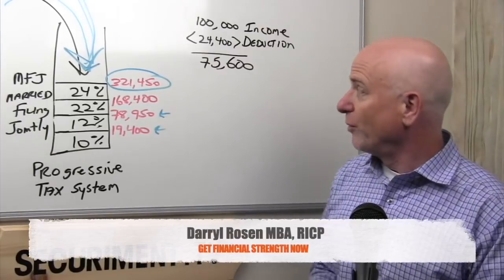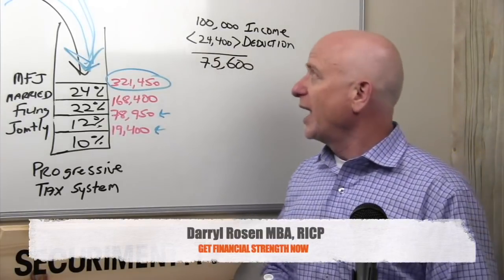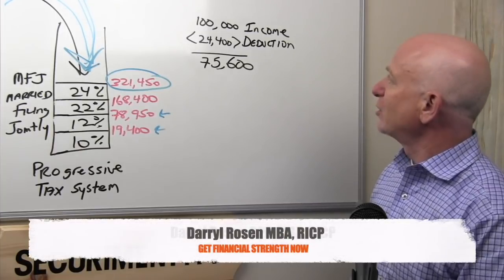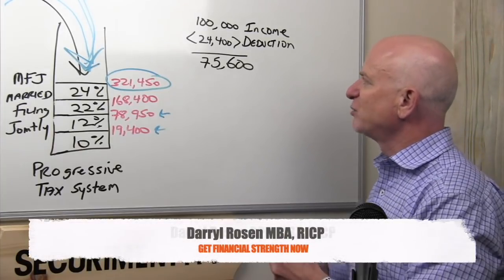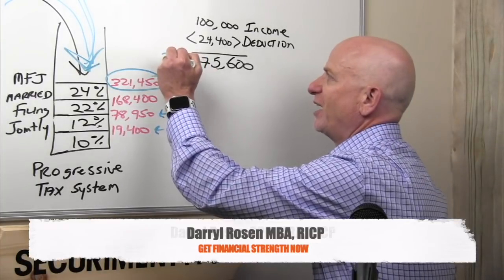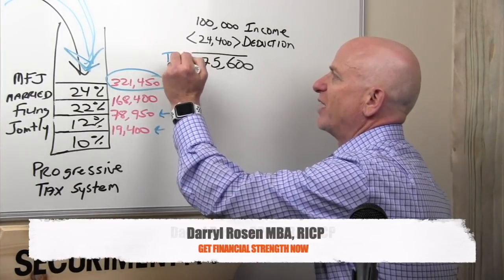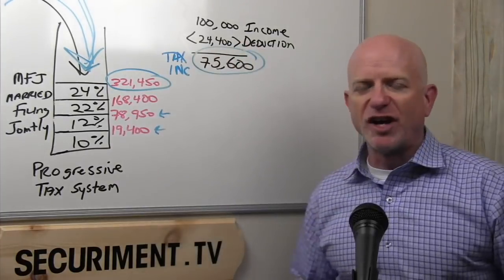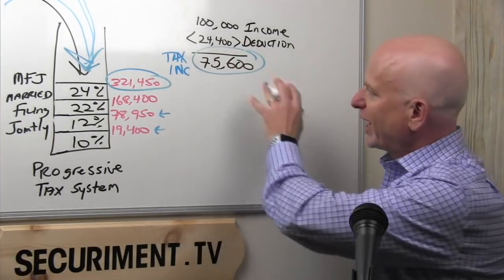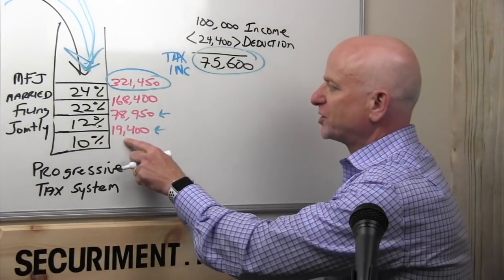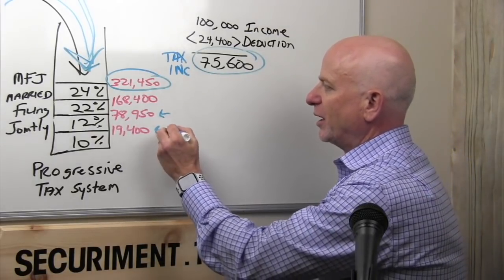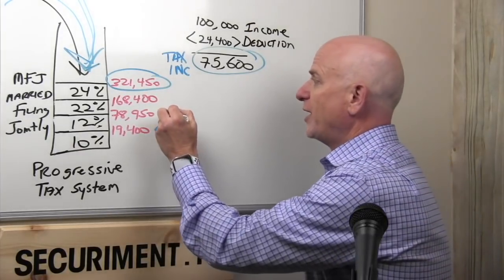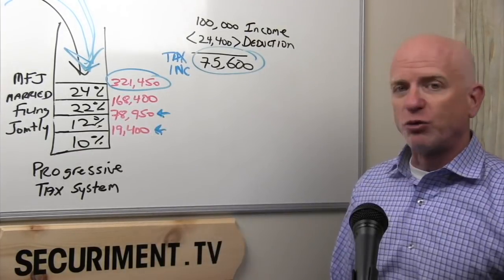So let's look at an example. In this example, we have $100,000 of income. There's a $24,000 standard deduction, leaving us a taxable income of $75,600 to be specific. This is the number that all of our taxes are going to be calculated on. So how do we calculate the tax? Well, we know that the first $19,400 is going to be in this area. We're going to take 10% on that. The next bit is going to be in this area where we're going to pay 12%.